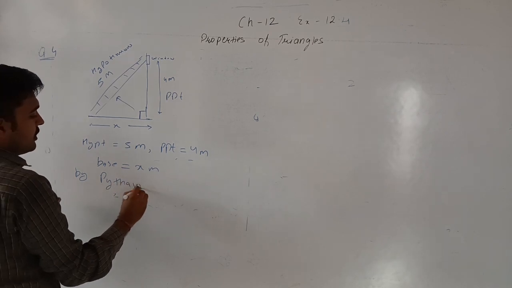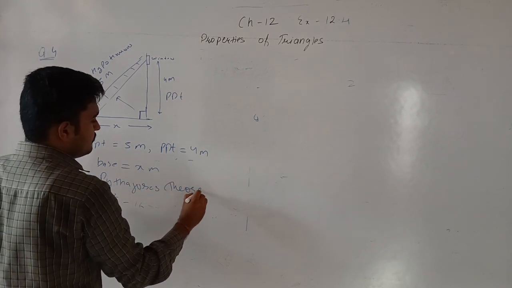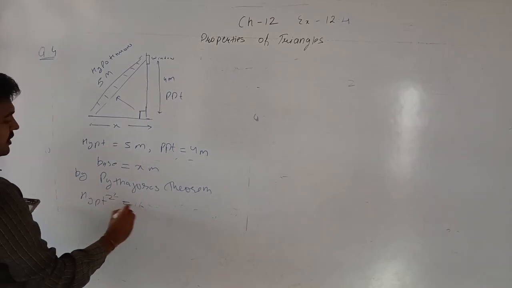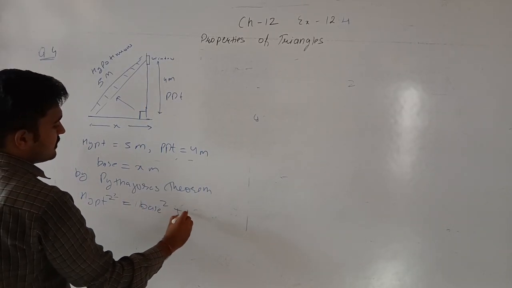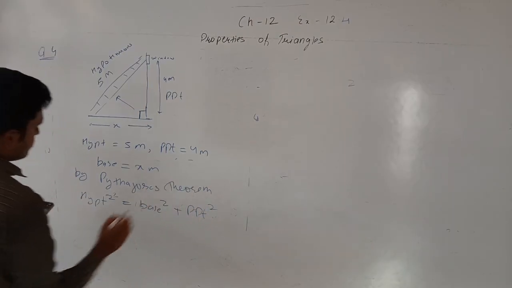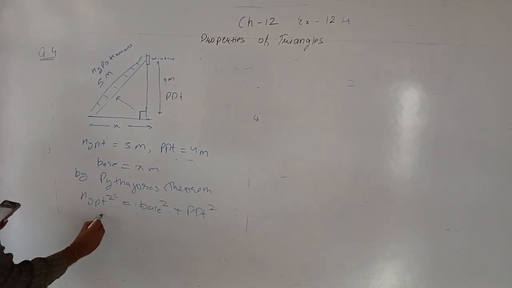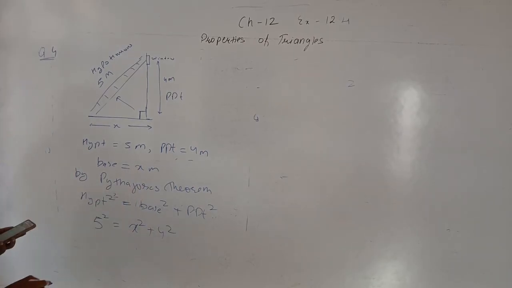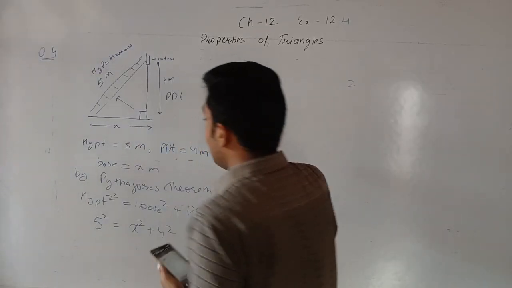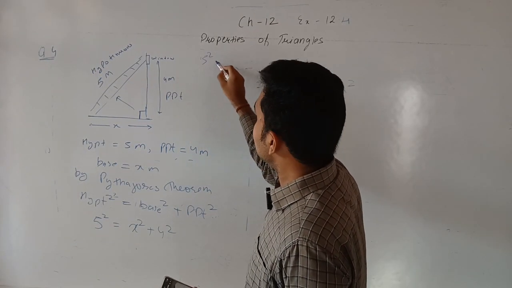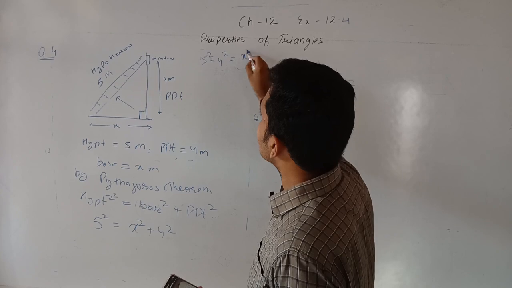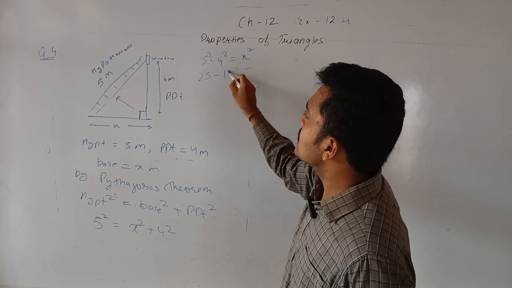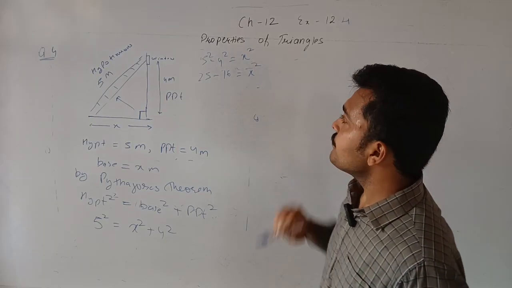By Pythagoras theorem, hypotenuse squared is equal to base squared plus perpendicular squared. So 5 square is equal to x squared plus 4 squared. 5 square minus 4 squared must be equal to x squared. Therefore 25 minus 16 is equal to x squared.